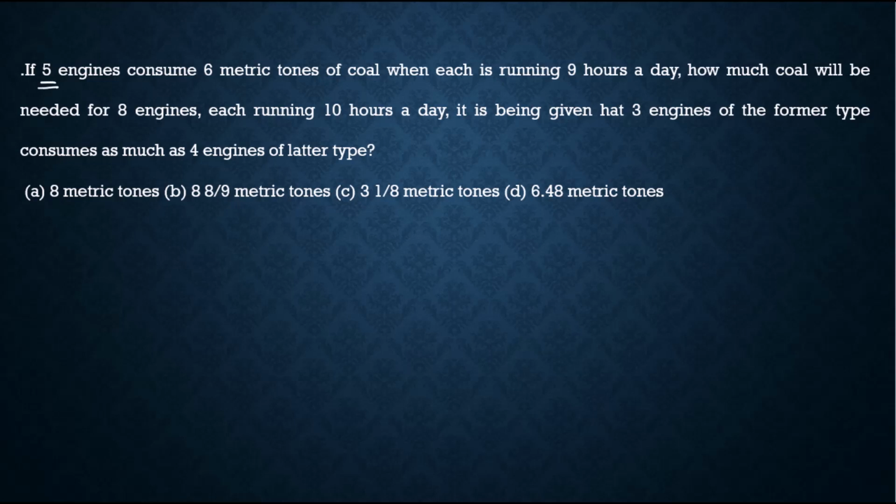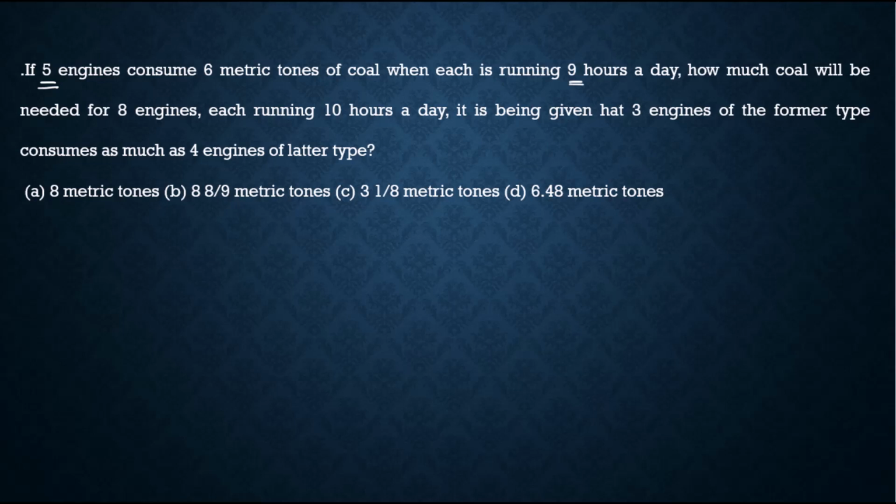If 5 engines consume 6 metric ton of coal when each is running for 9 hours per day, how much coal will be needed for 8 engines, each running 10 hours per day? It is being given that 3 engines of the former type consume as much as 4 engines of the later type.